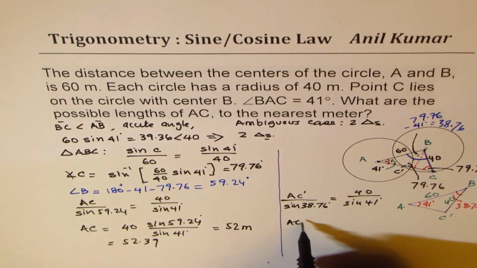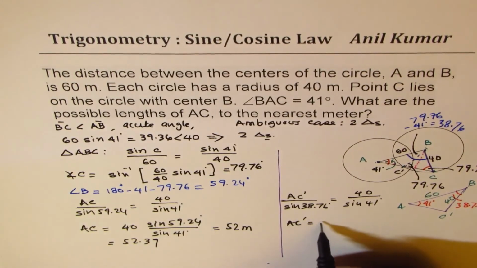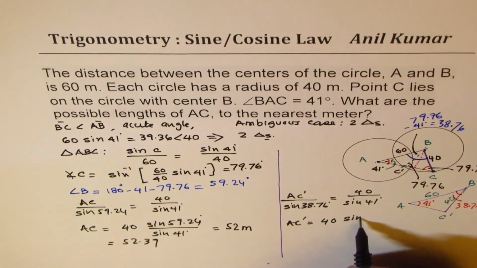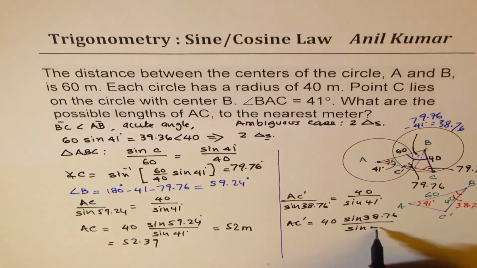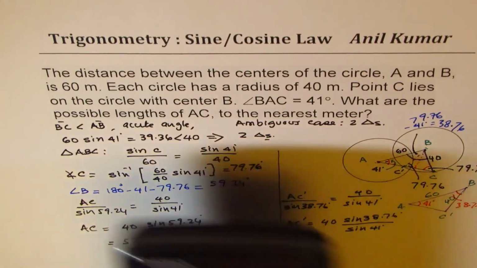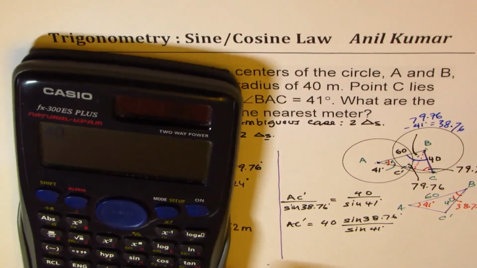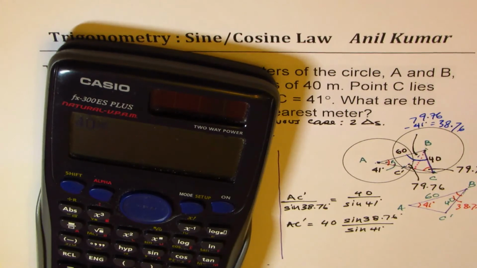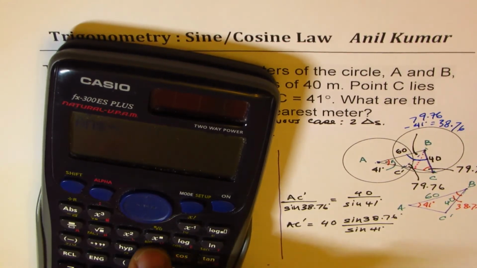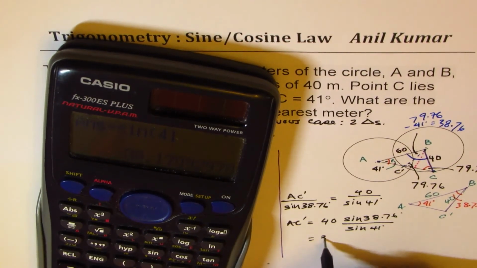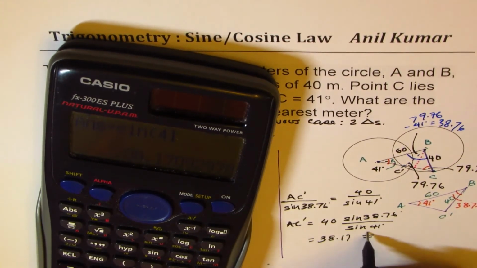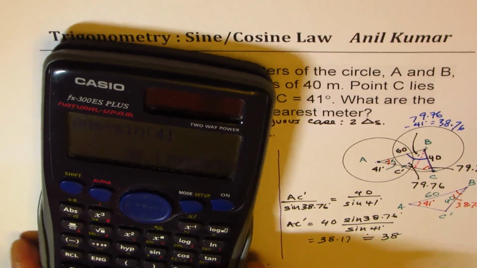So we can say AC dash is equal to 40 times sine of 38.76 over sine of 41 degrees, correct? So let's calculate this. It is 40 times sine of 38.76 divided by sine of 41, which is equals to 38.17, or approximately 38, right?